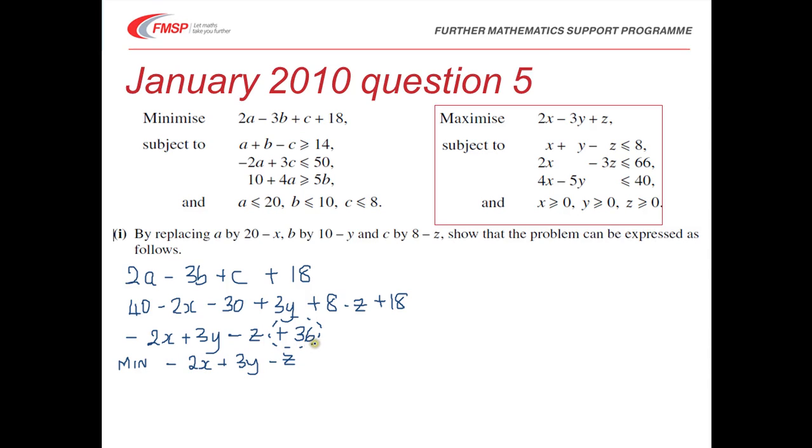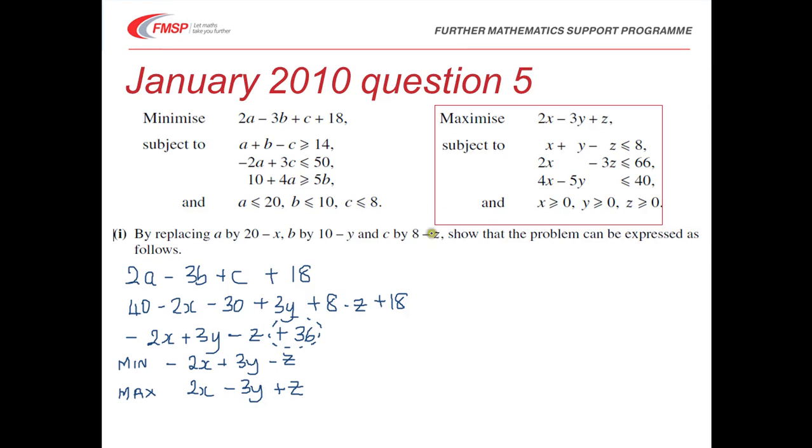We can't do anything with that. And that means that that will be equivalent to maximizing 2x minus 3y plus z. So hopefully that is okay. So we've got the first bit.